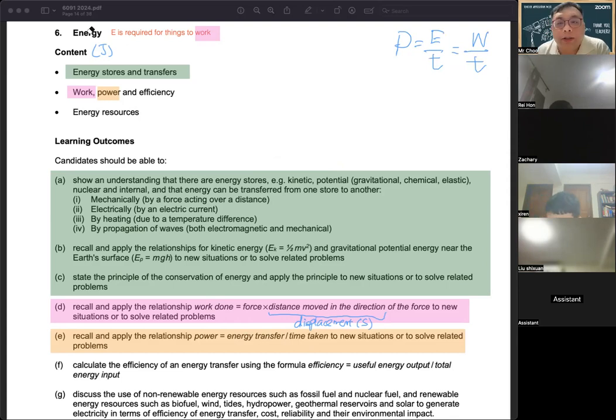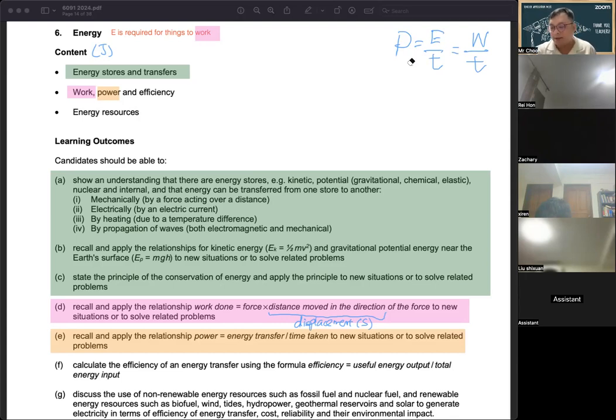Okay, let me ask you a question. If you use more energy or you do more work in the same period of time, the same unit of time, for example, 1 minute, are you more powerful or less powerful?